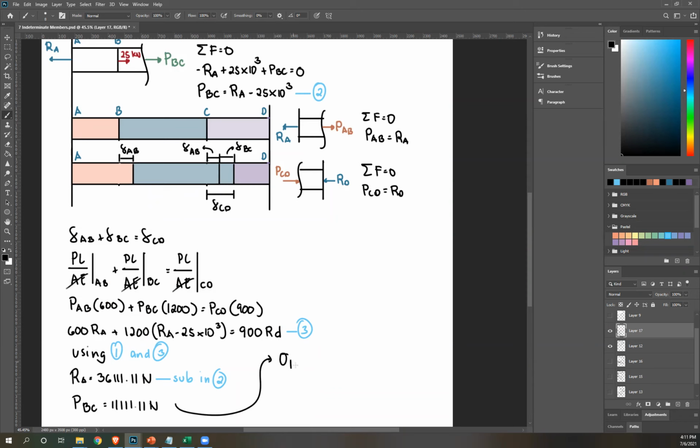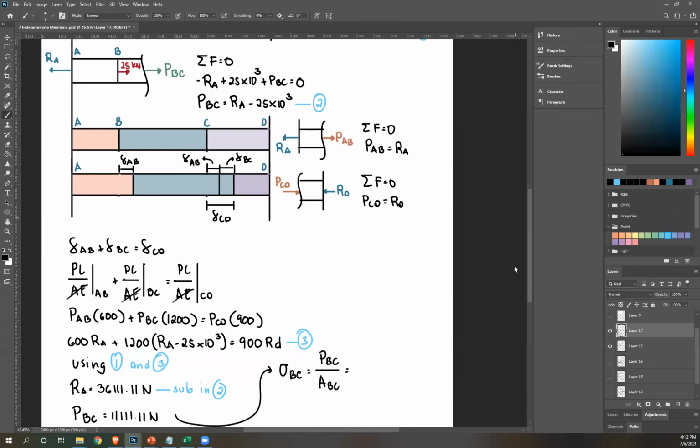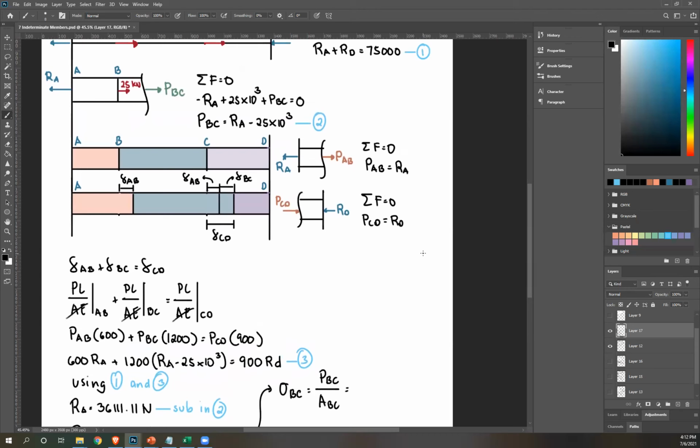So to get stress in member BC, that's just PBC over ABC. PBC is this, 11,000. Area is 500. So please solve what is stress BC.